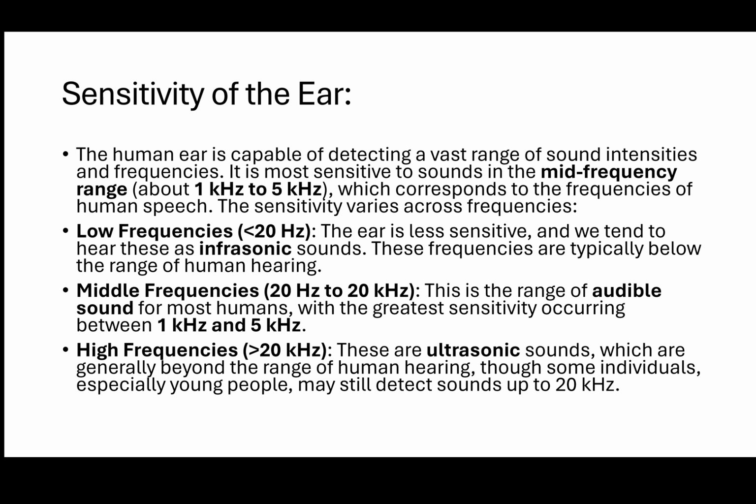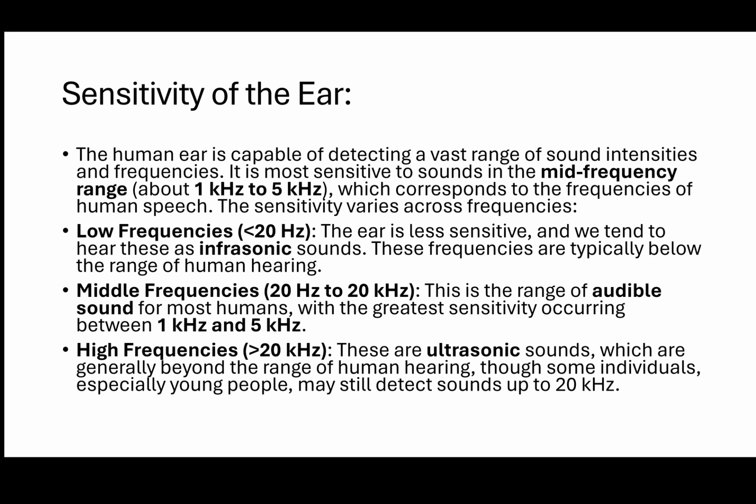Low frequencies, less than 20 hertz, are infrasonic, and the ear is less sensitive to them. These are typically below the range of human hearing. The middle frequencies, from 20 hertz to around 20 kilohertz, are audible for most humans, with the greatest sensitivity from 1 kilohertz to 5 kilohertz.